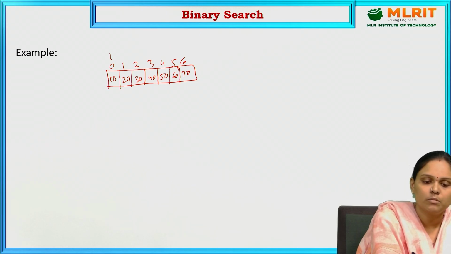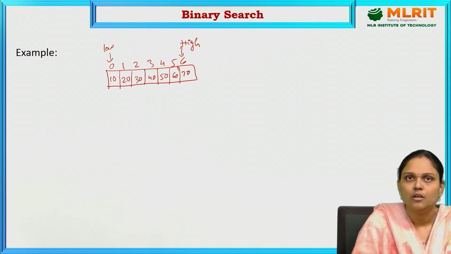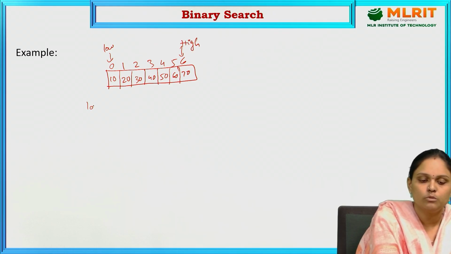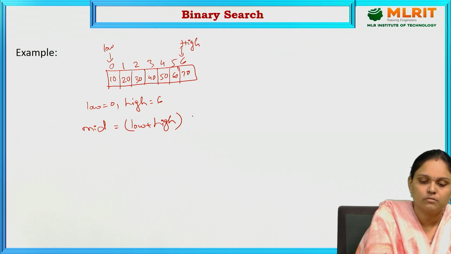Here low is equal to 0 and high is equal to 6. So we are finding the mid value. Mid is equal to low plus high by 2.